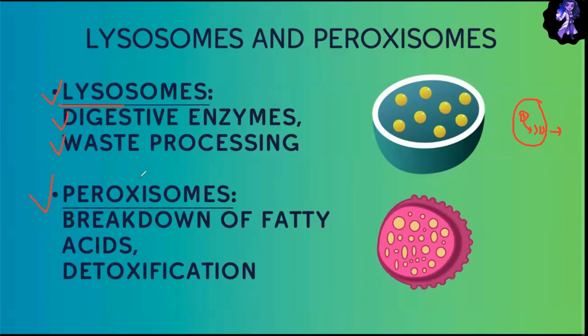Then peroxisomes, if you think of oxy, you think oxygen, and detoxify also has oxy in it, and oxygen will help you remember that peroxisomes are mainly for detoxification and breaking down of fatty acids.